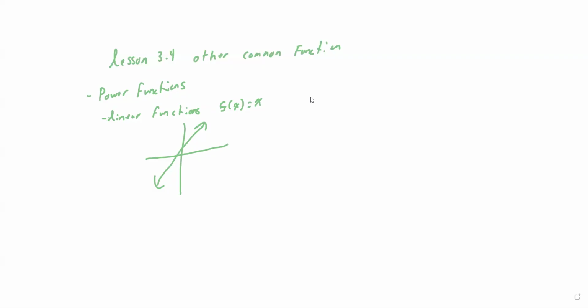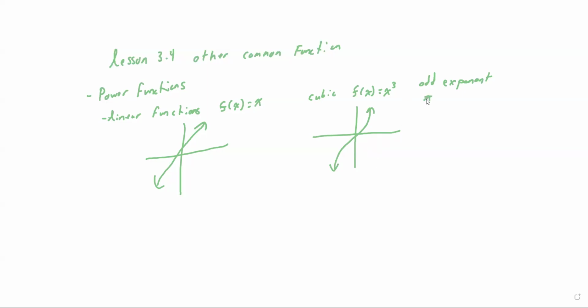The other type is what they call cubic, which is f of x equals x cubed. They do a pattern like this. And then pretty much after that, all functions that have an odd exponent will make a shape like this one.